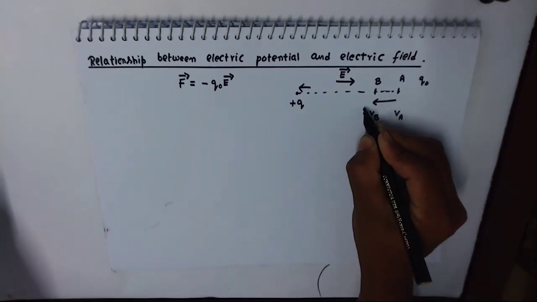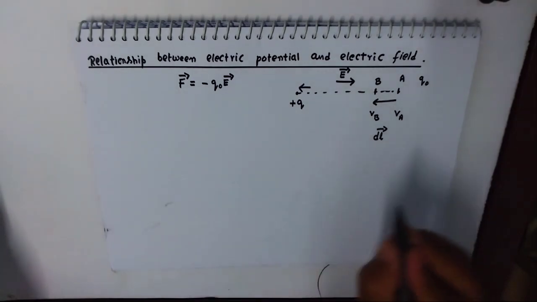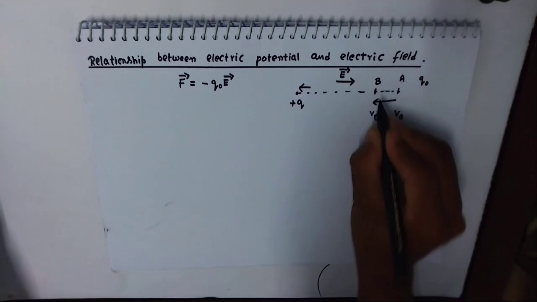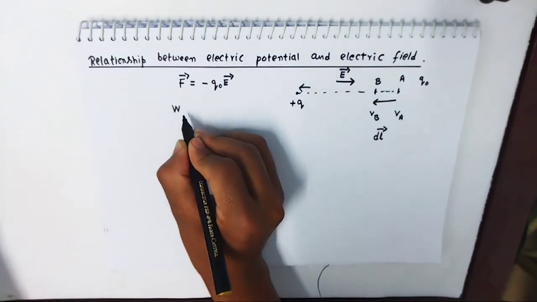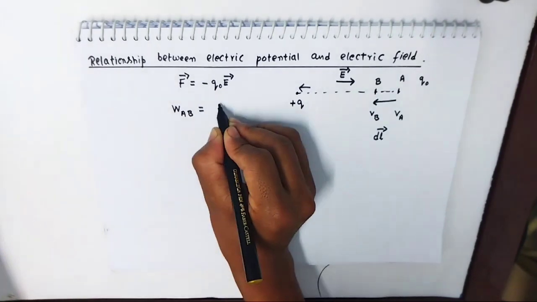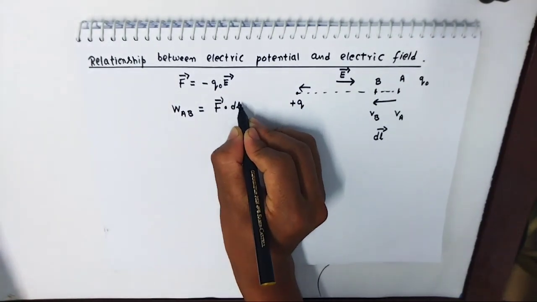In this direction, it is dl. So now the amount of work done in moving this test charge Q naught from A to B is equal to force dot dl.